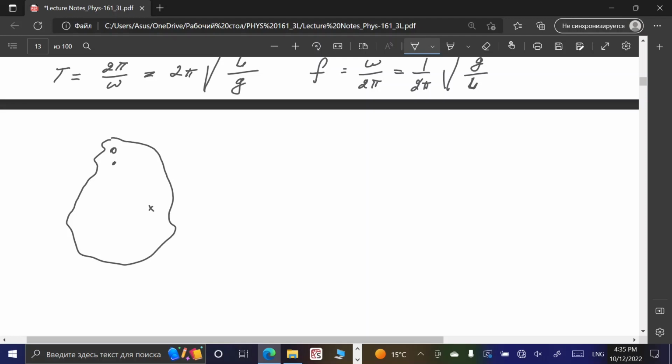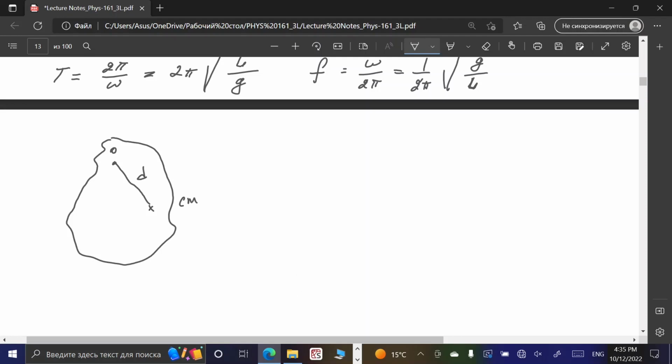Obviously, this body should have some center of mass, which is located at some distance d from the axis O. So now, if we disturb such a system, this body will also start to oscillate. However, it's not so straightforward as the mathematical pendulum. So let us figure out how we can describe it.